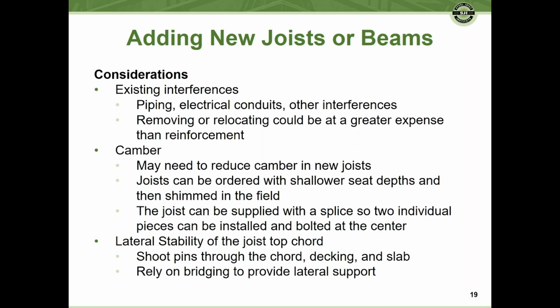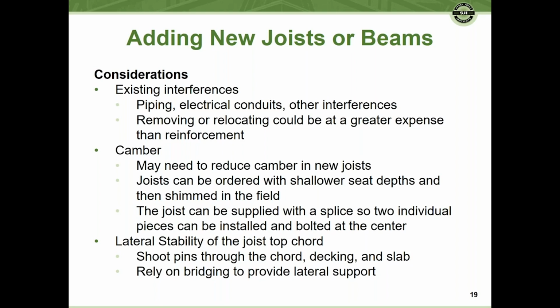When we're considering adding new joists or beams, there are a few things to keep in mind. One is the existing interferences, whether it's piping, electrical conduits, or other things that are going to be difficult to work around if you're going to add a new joist. Removing and repairing these could be a greater expense than the reinforcement.